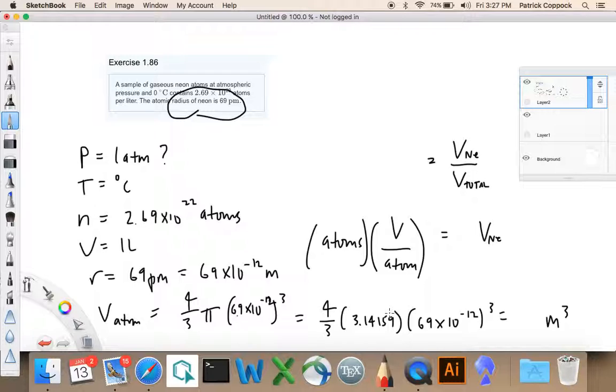I'm going to do the 69 times 10 to the minus 12, and I'm going to cube that. Then I'm going to multiply it by 4, divide by 3, and multiply by 3.14159. This equals 1.37 times 10 to the minus 30.